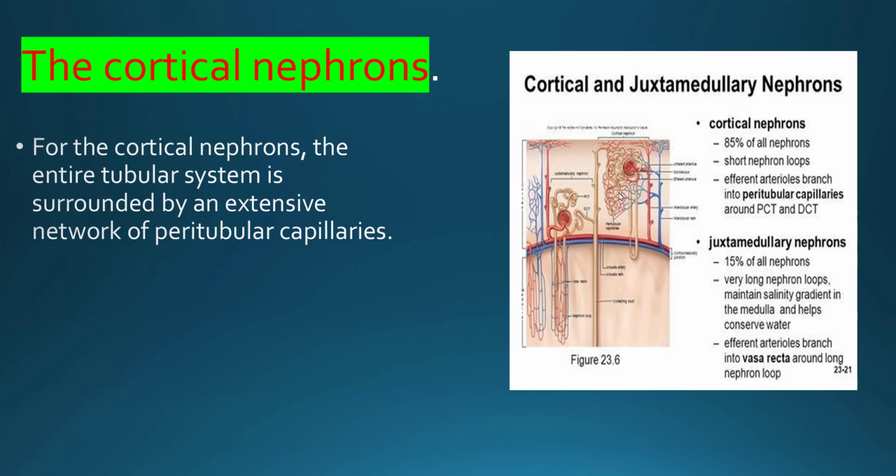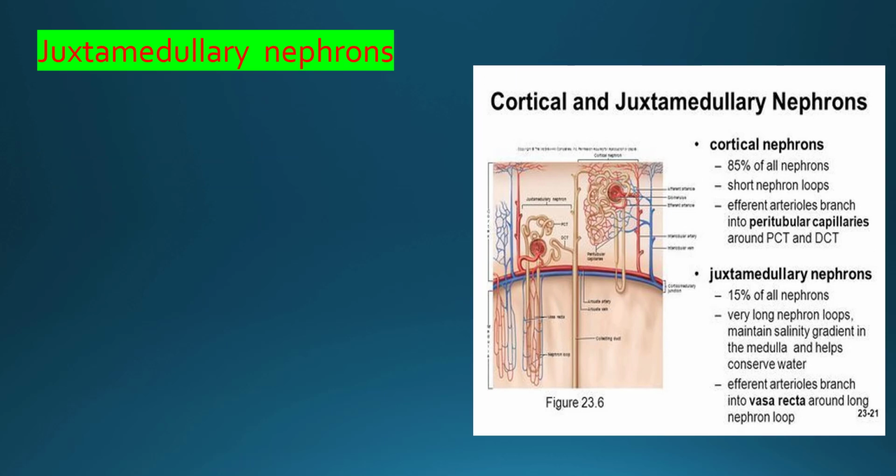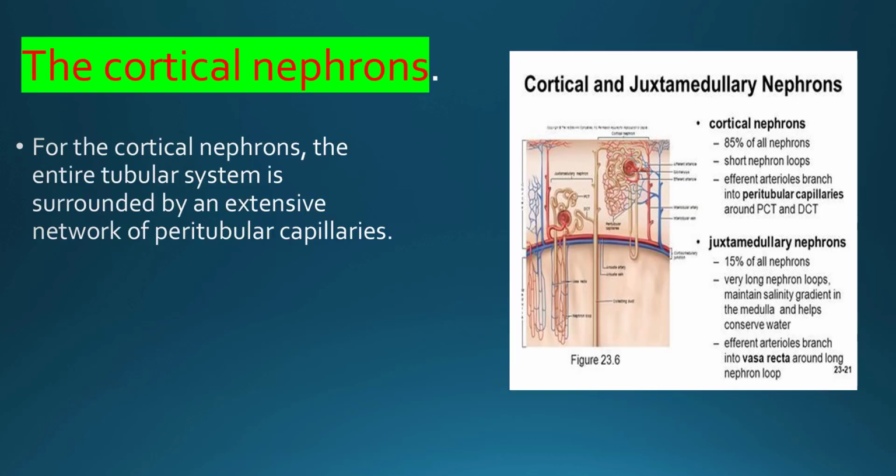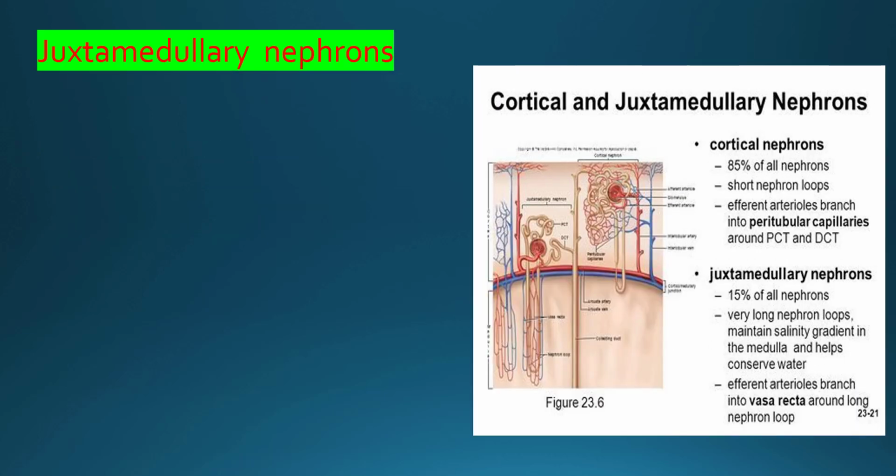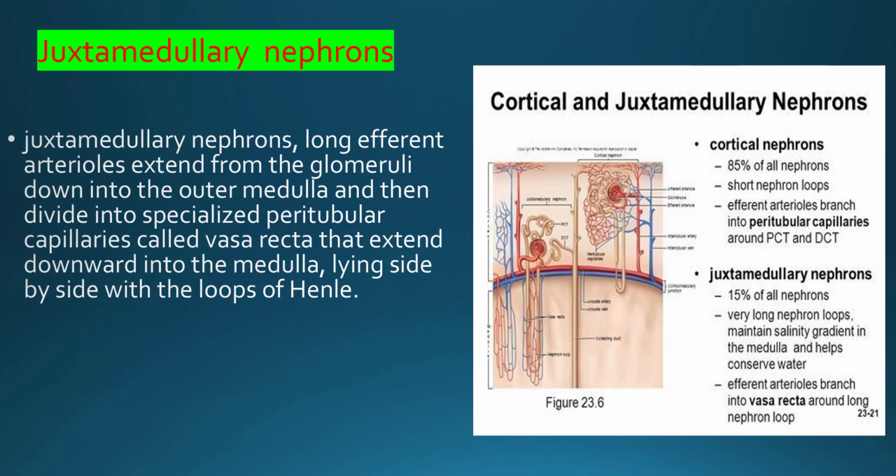When the efferent arteriole leaves the Bowman's capsule, it surrounds the tubules and makes a meshwork called the peritubular capillary meshwork. So in cortical nephrons, extensive peritubular capillaries are present.